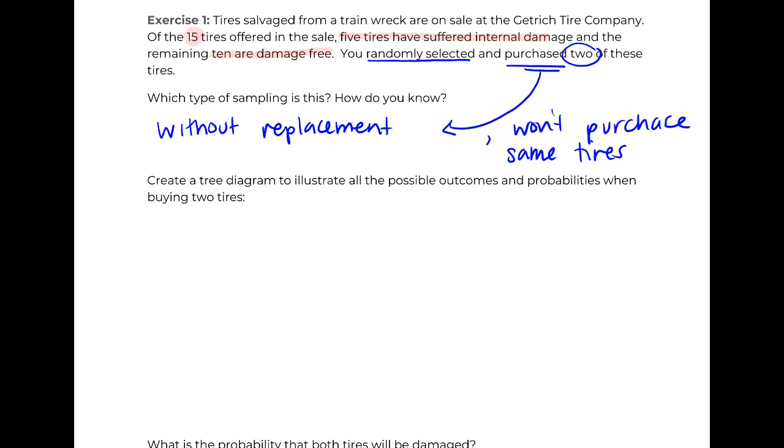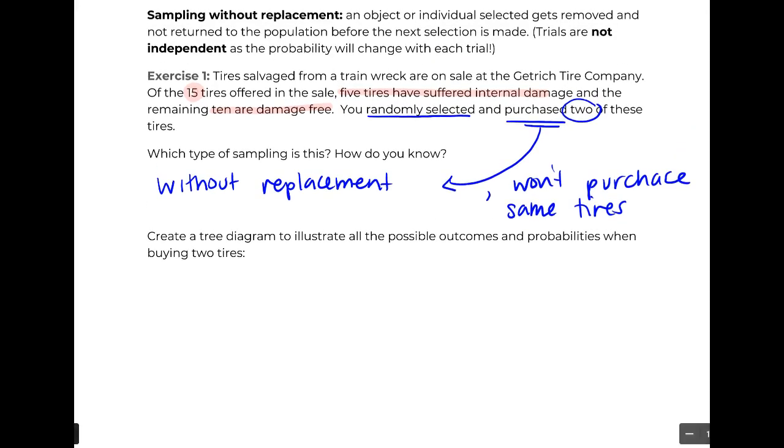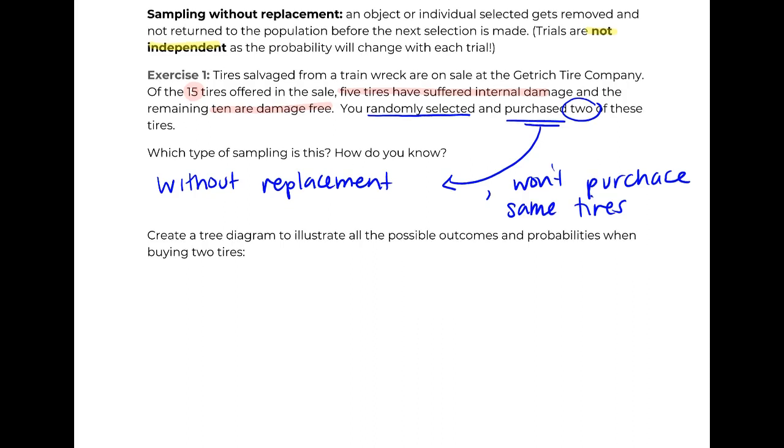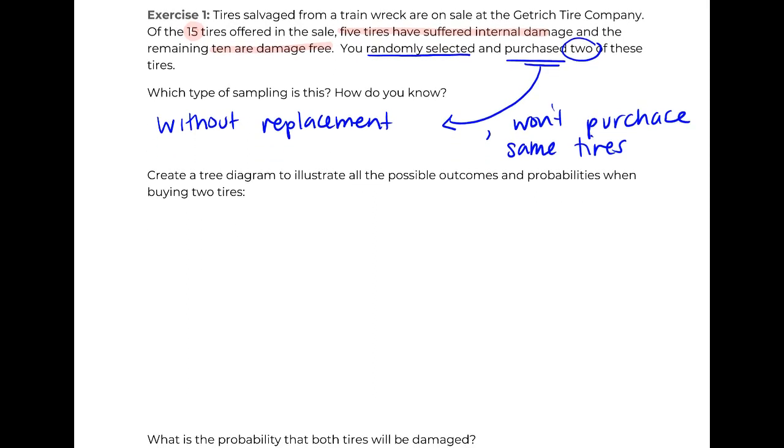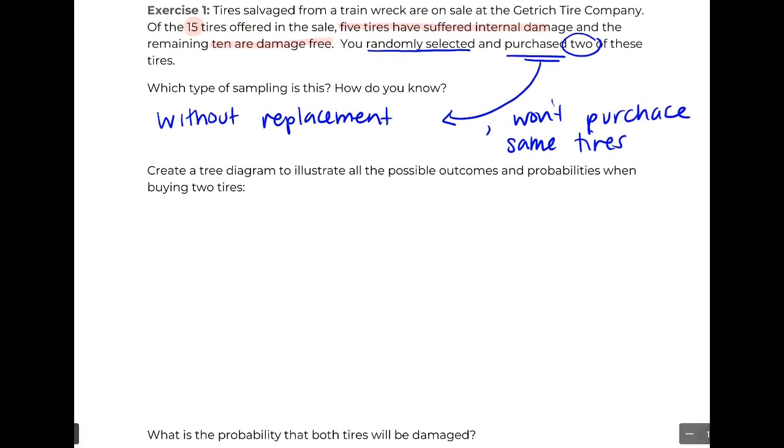So first thing we're going to do is revisit our tree diagrams from section 4, because, as you can see right here, with sampling without replacement our trials are not independent, which means our probability is going to change depending on what happened first. So this is all about those timelines we saw with the tree diagrams. We start out with 15 tires.